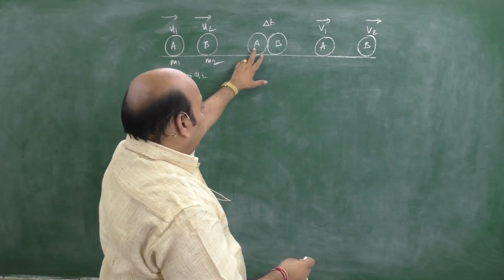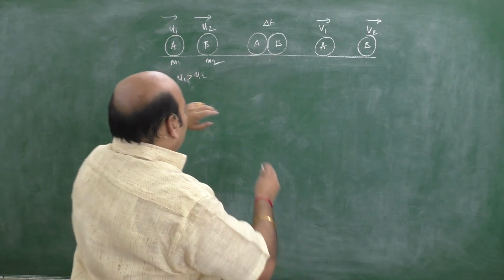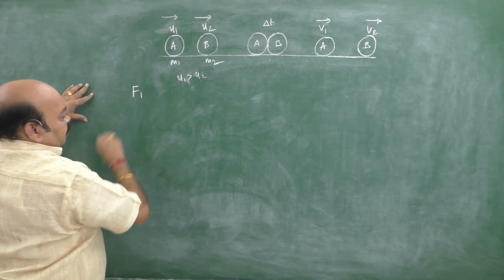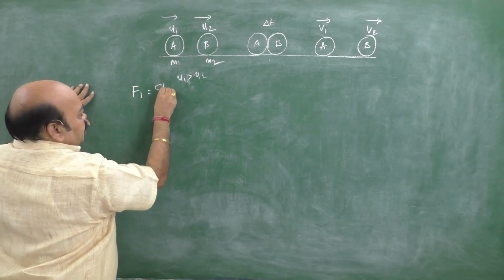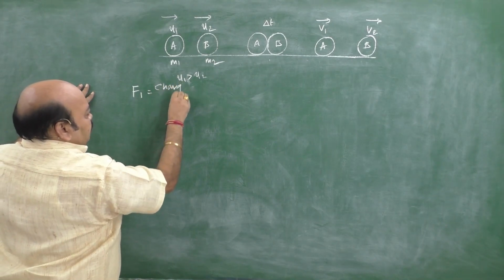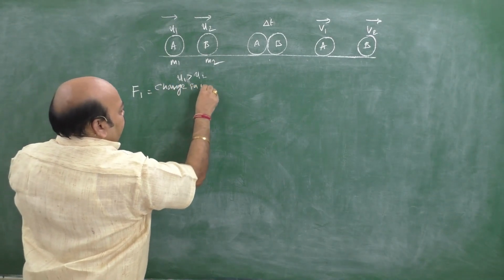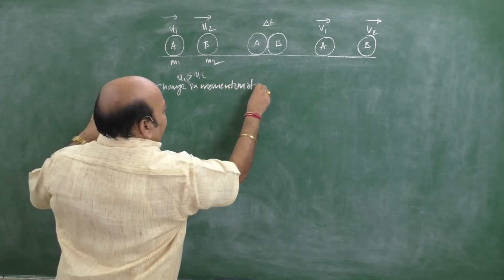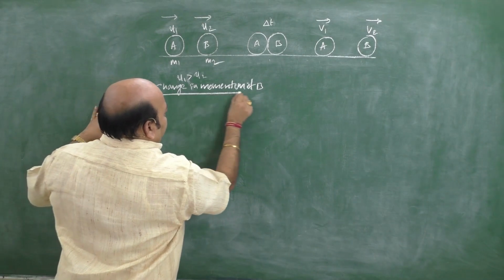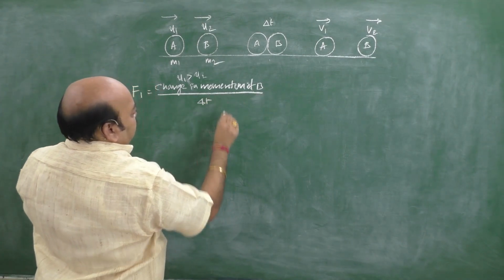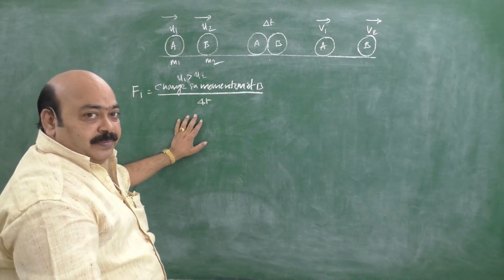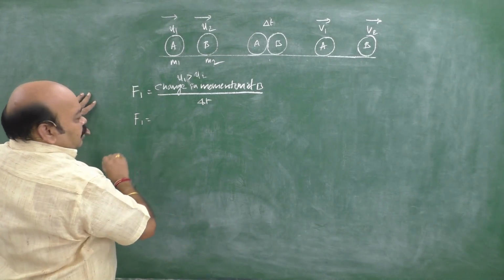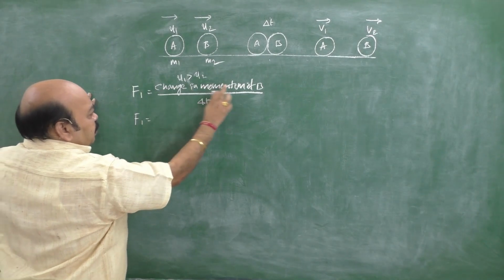Let us consider these two. What is the force acted by A on B? I am taking it as force F1. F1 is nothing but change in momentum of B by the time, that is delta t.